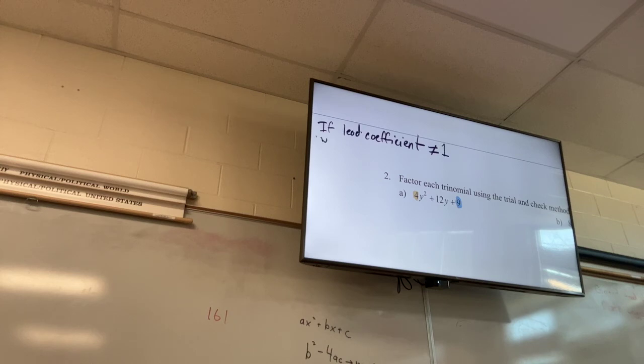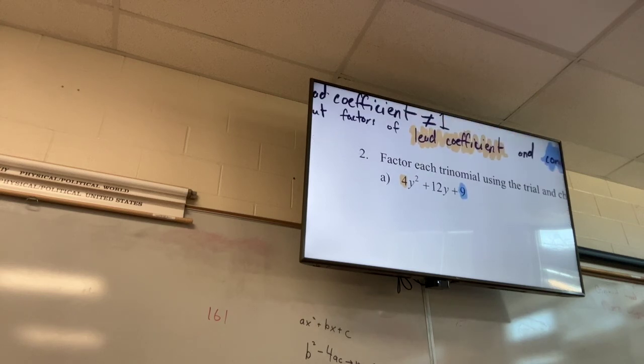You write out factors of the lead coefficient and the constant. Highlight that in orange and blue. Okay.